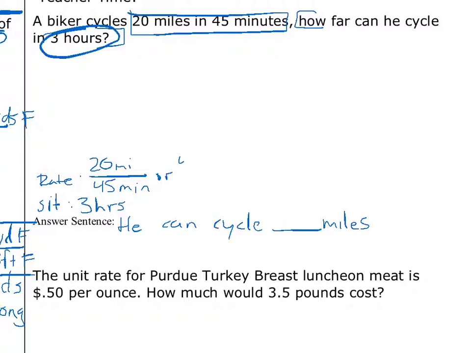Or it takes him 45 minutes to cycle 20 miles. All right, so we see that we were given one rate and one situation. So this type of problem is at this point a basic rate problem because it has one rate and one situation.